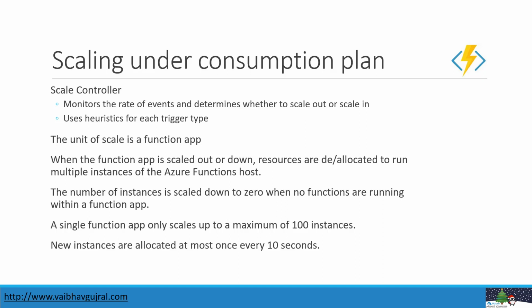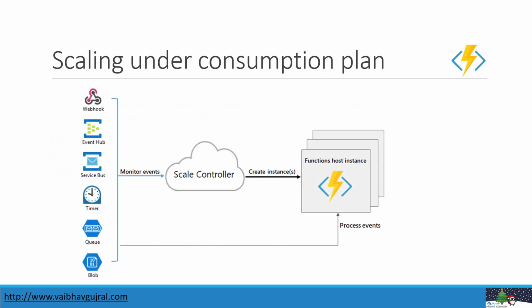New instances will only be allocated at most once every 10 seconds. So in this diagram, you see how the scale controller monitors the different events coming through different triggers, and based on that, it goes ahead and creates different function host instances to process each of those events.